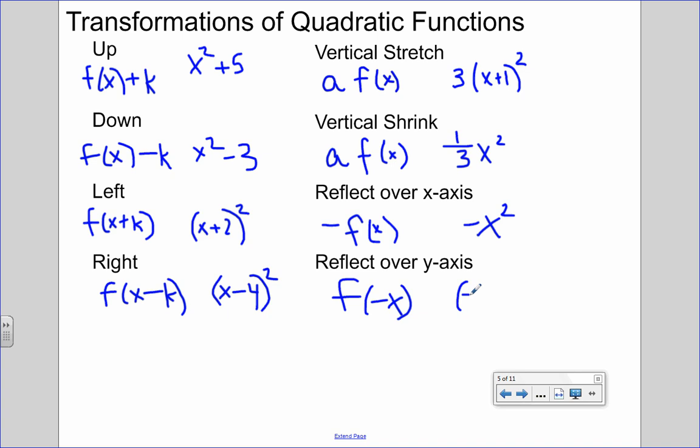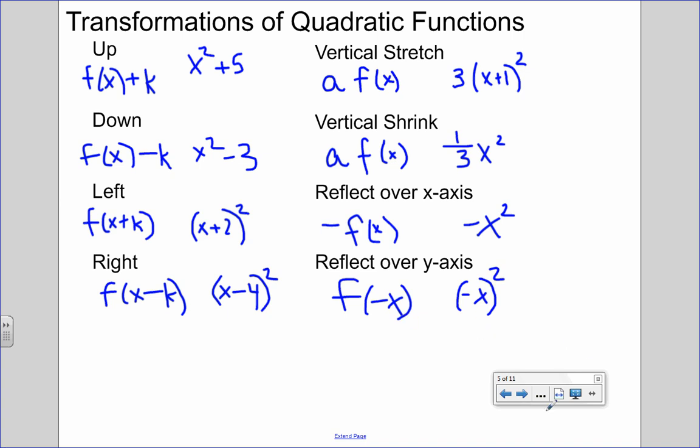If you put y1 equals the parentheses negative x parentheses squared in your calculator, it's going to look exactly the same as just the parent function. Because when you reflect it over the y-axis and it's centered on the y-axis, it won't look any different. But the idea is if that negative is inside, it's a reflection over the y-axis.